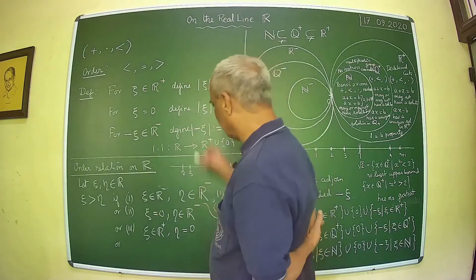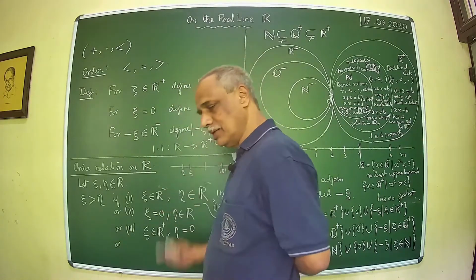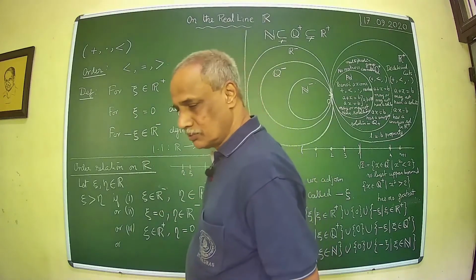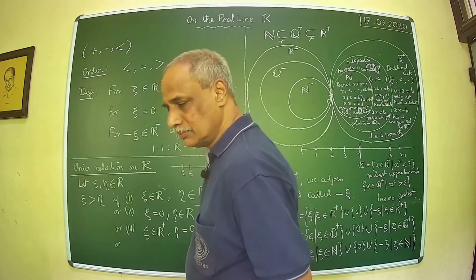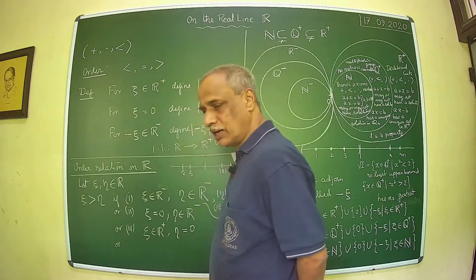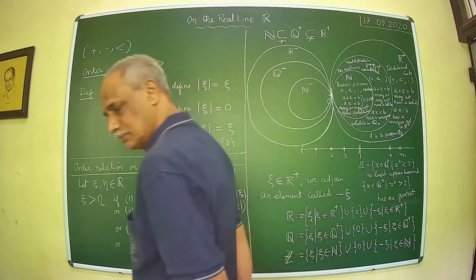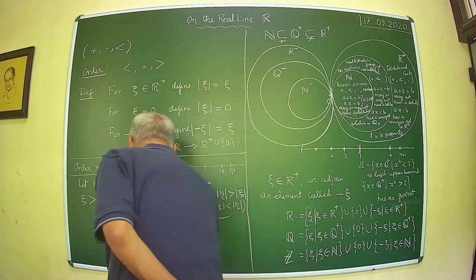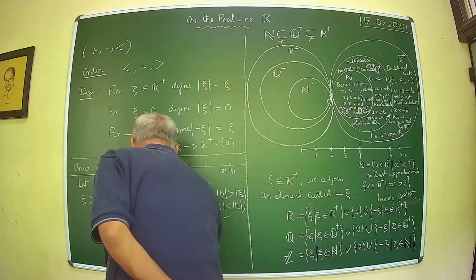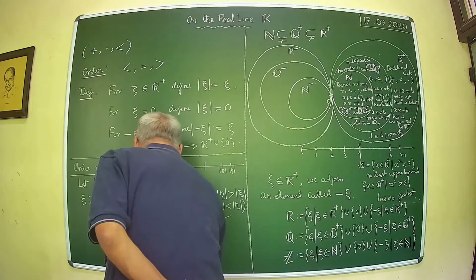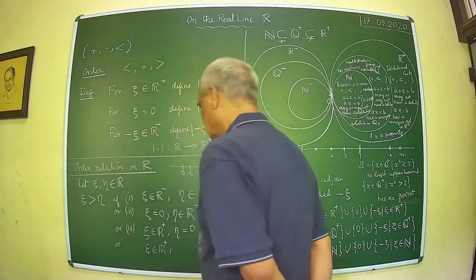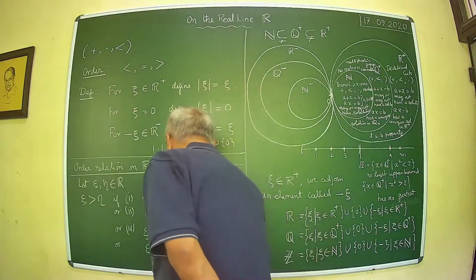You have one of them in R plus and one of them in R minus. Okay, so you have psi belonging to R plus, eta belonging to R minus.